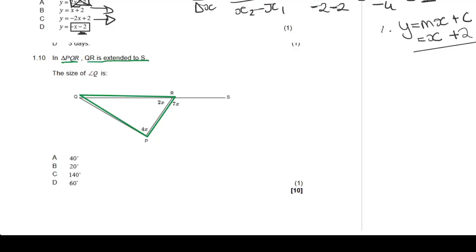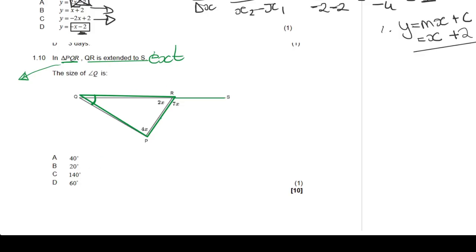QR is extended to S. So when they say extended, this normally means that there's an exterior angle involved, and since they gave us a triangle, we have to use something related to a triangle. All right, so they want the size of angle Q, which is this one.